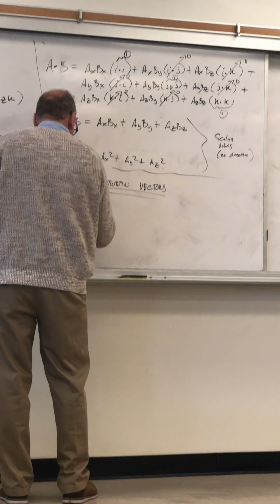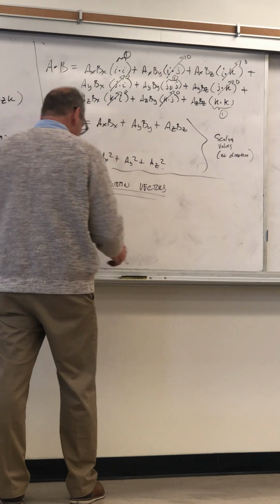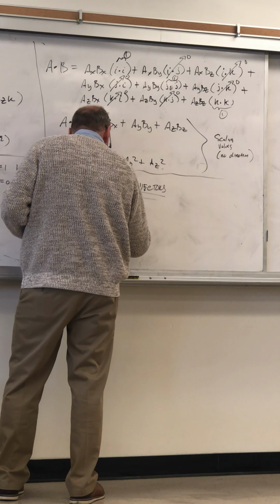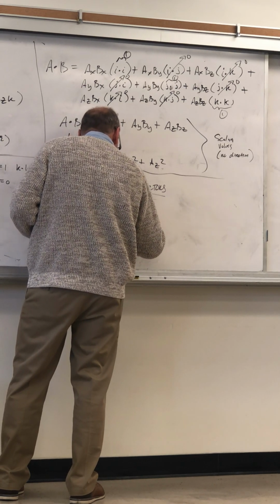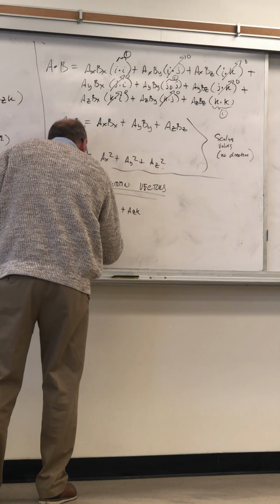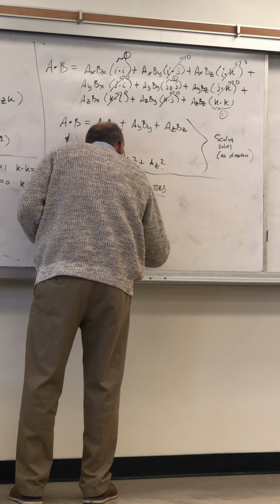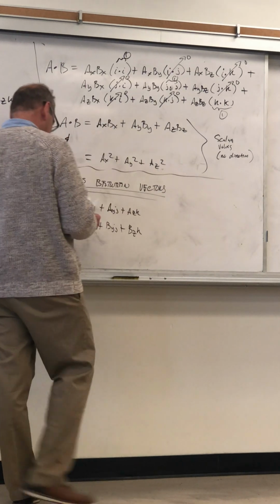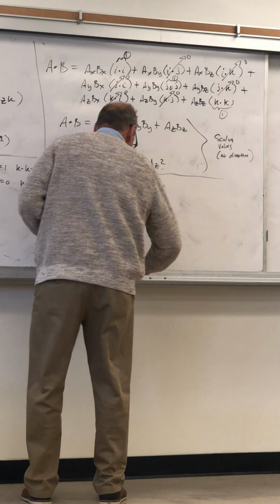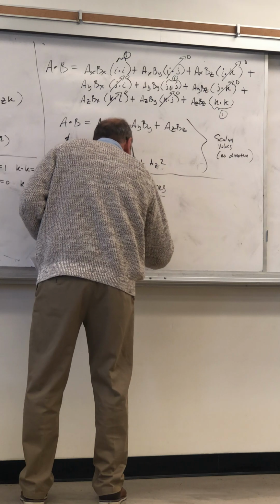So your vector A is AX I plus AY J plus AZ K. And your vector B is BX I plus BY J plus BZ K. Again, those are coefficients.